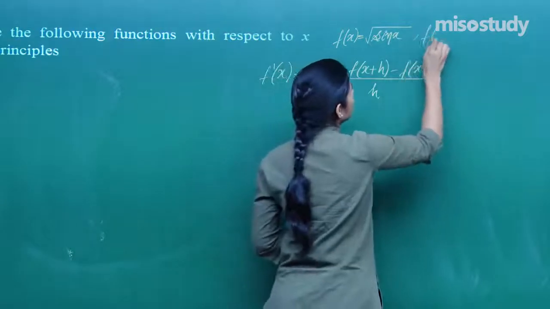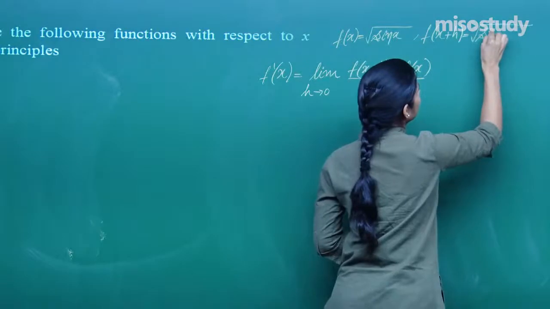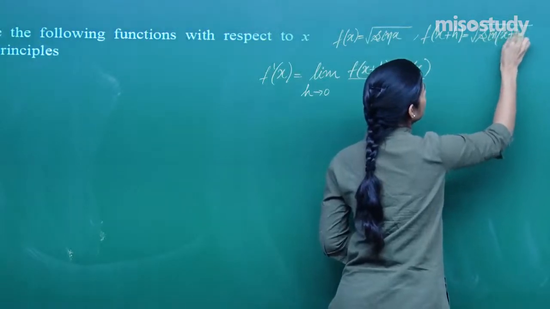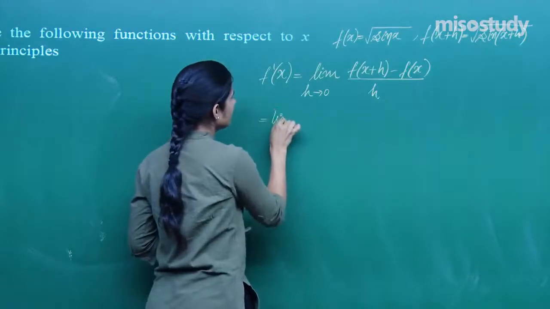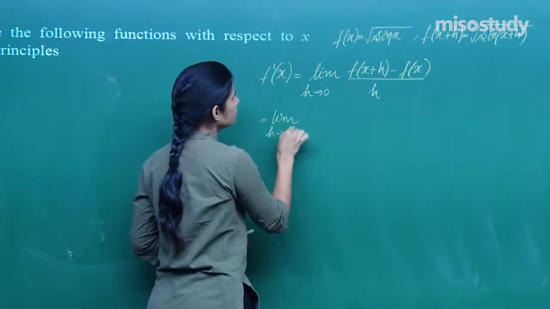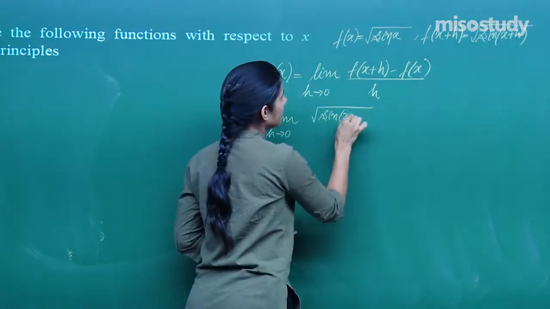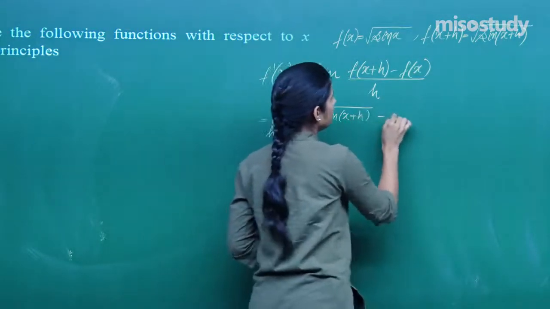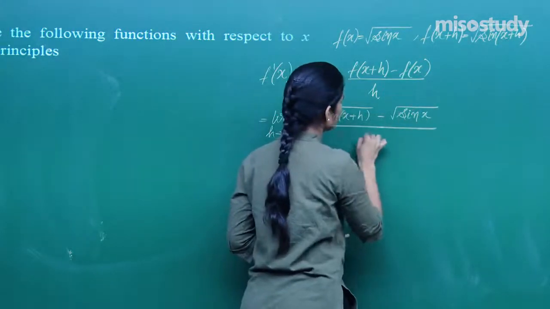So, what will be f of x plus h? Root of sine of x plus h, just replace x by x plus h. So, this becomes equal to limit h tends to 0 of root over sine of x plus h minus root over sine x, whole upon h.